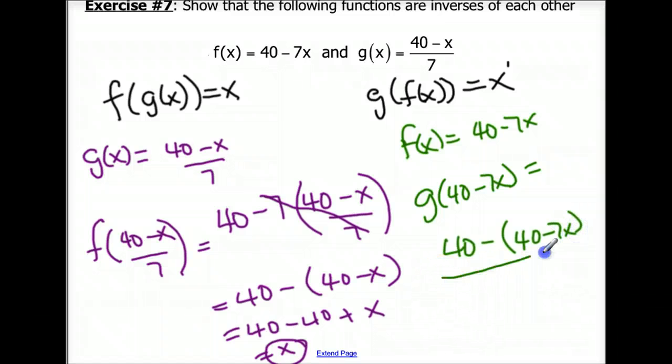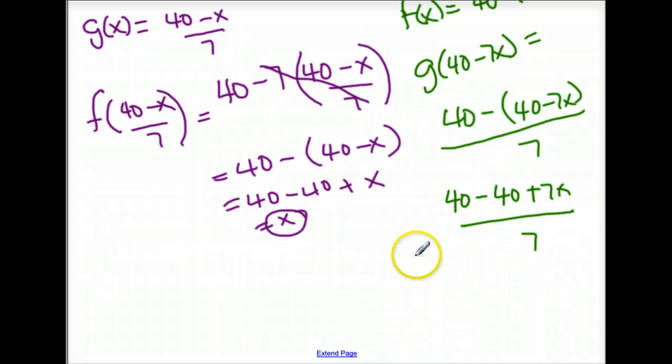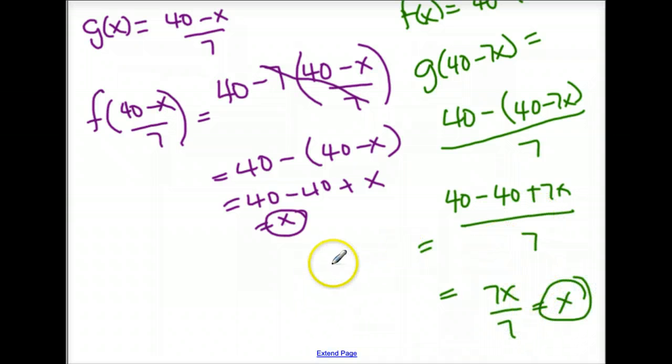I'm keeping that in parentheses, all over 7. Before I do anything, I need to distribute this negative. This becomes 40, take away 40, plus 7x, all over 7. 40 take away 40 is 0. I'm left with 7x over 7, which is x, which is the answer I know.